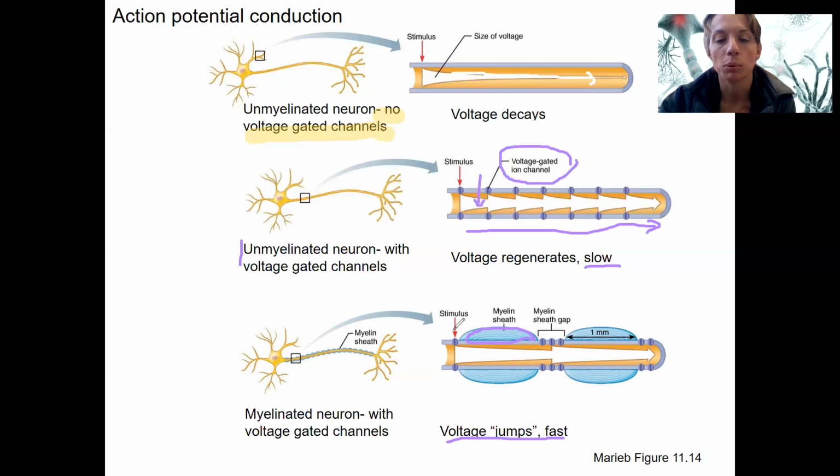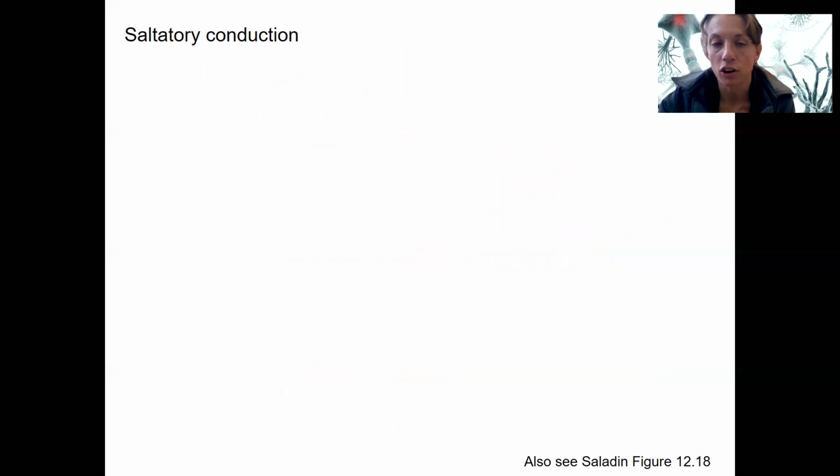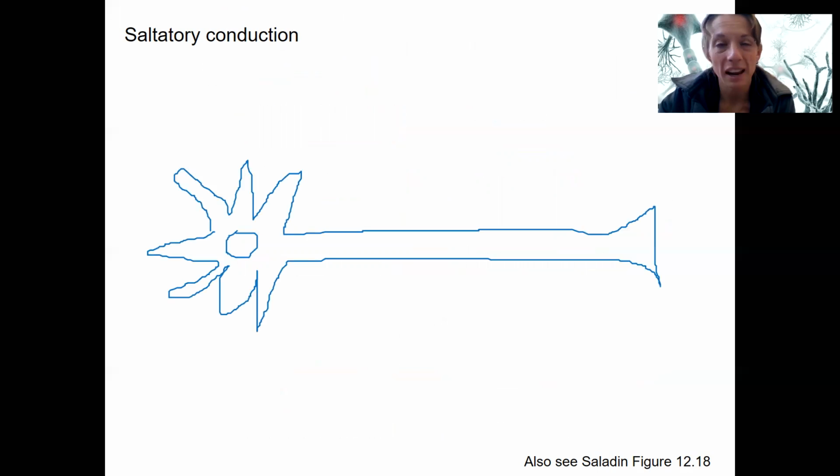So this is called, we jump from here to here, it's called saltatory conduction. And I'm going to draw this on here. So again, we've got our neuron here, and then we're going to add some myelin. So this myelin sheath surrounds the entire neuron, but I've kind of got a longitudinal section cut here, where we are able to see the inside of the axon.